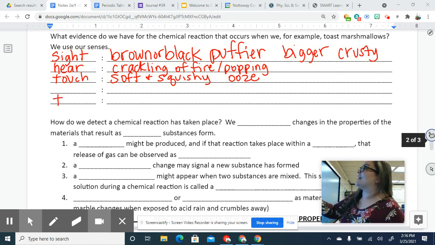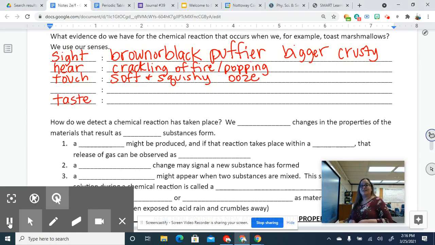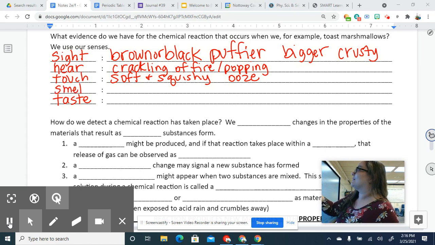Let's save taste for last. So what else are we missing? The one that matters the most when you're getting ready to eat. There's a reason why your nose is on top of your mouth, right? So you can smell whether or not something is edible. So smell.